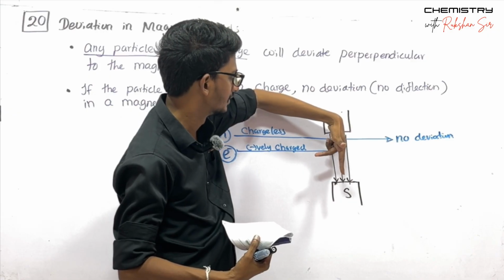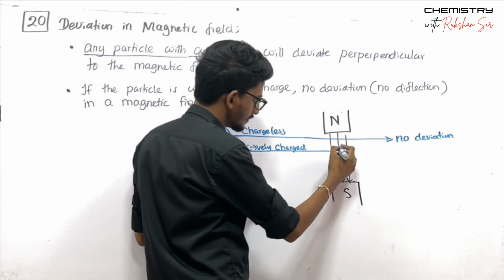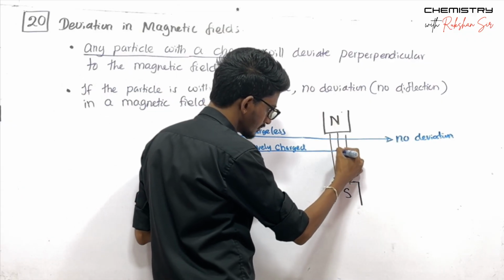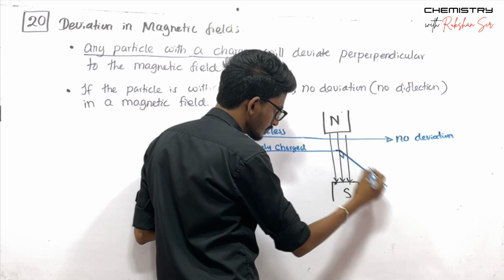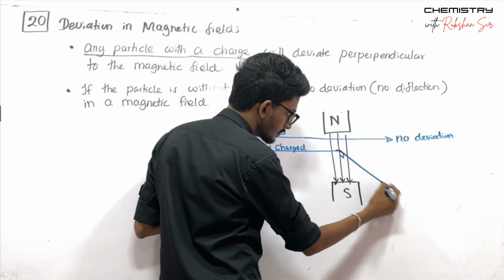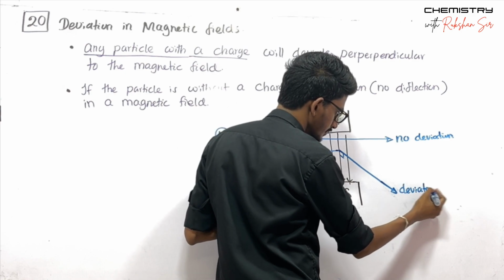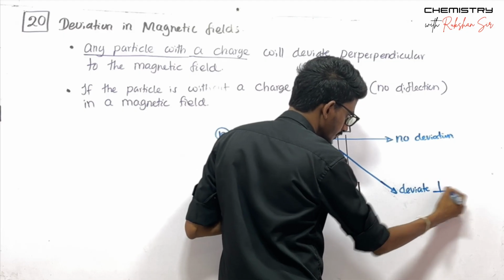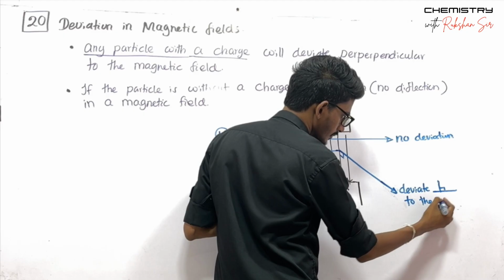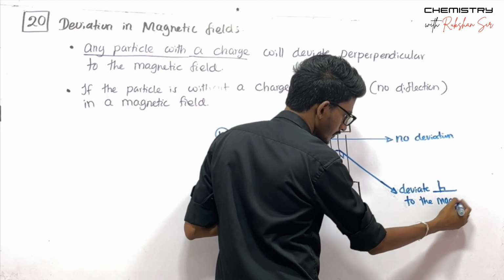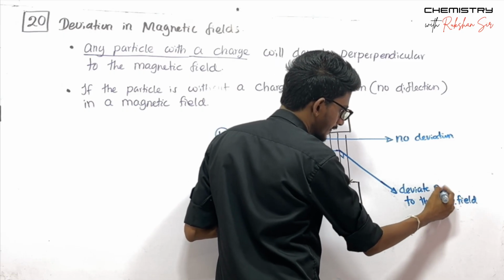Perpendicular deviation. Deviate perpendicular to the magnetic field.